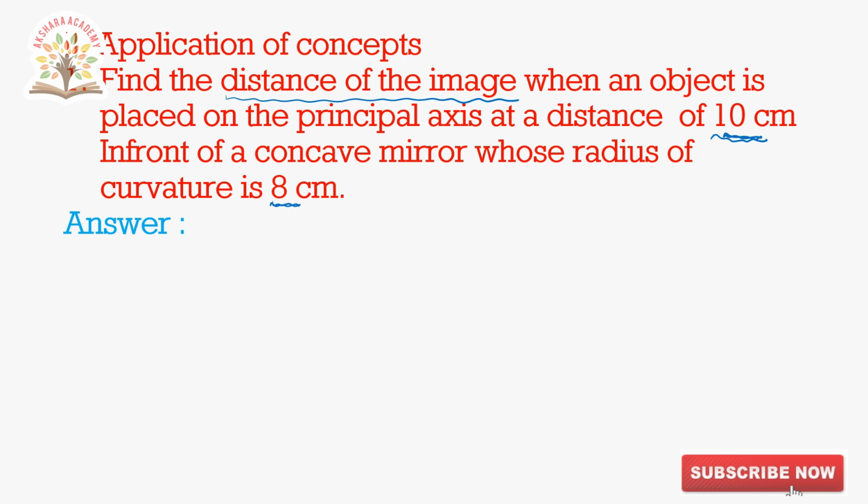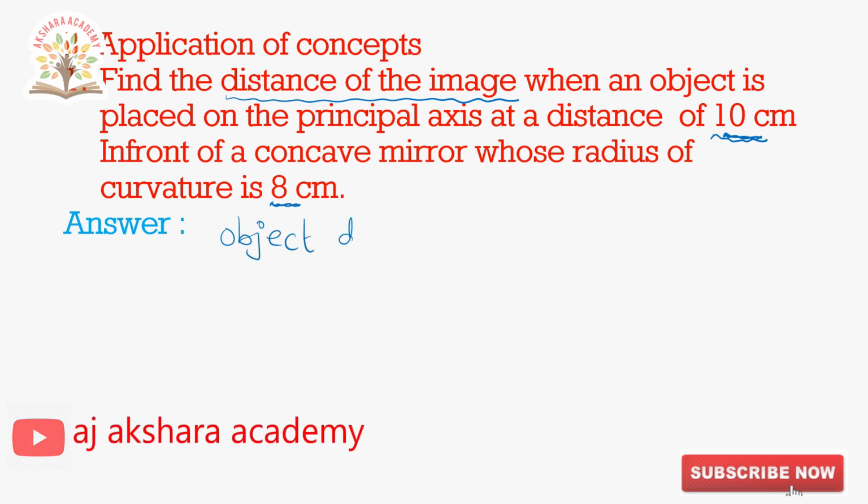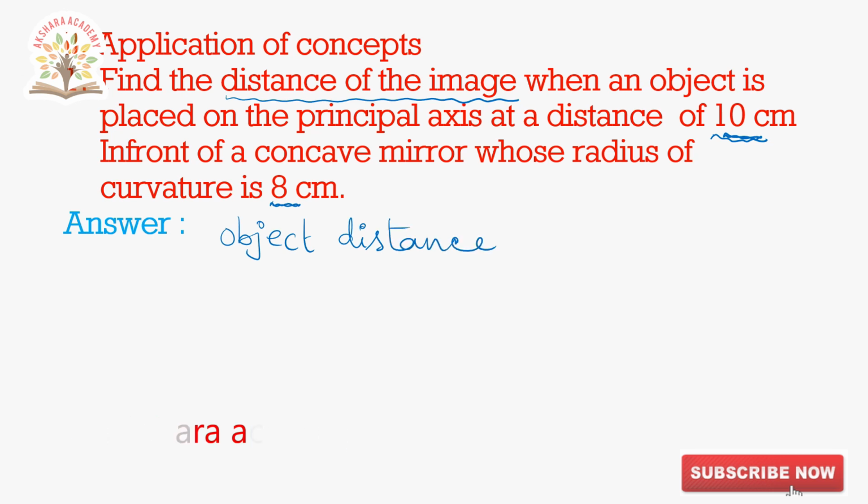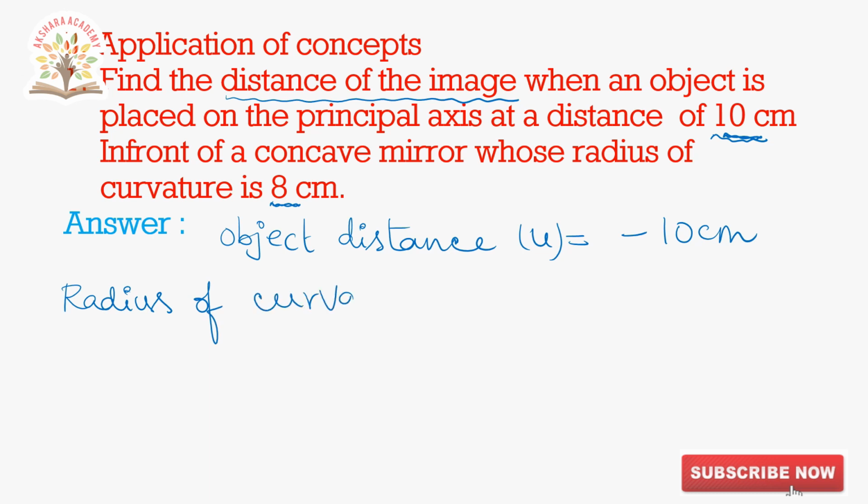Given u is equal to, u being the object distance, as per the rules for sign convention, minus 10 centimeters, and they gave the radius of curvature r.